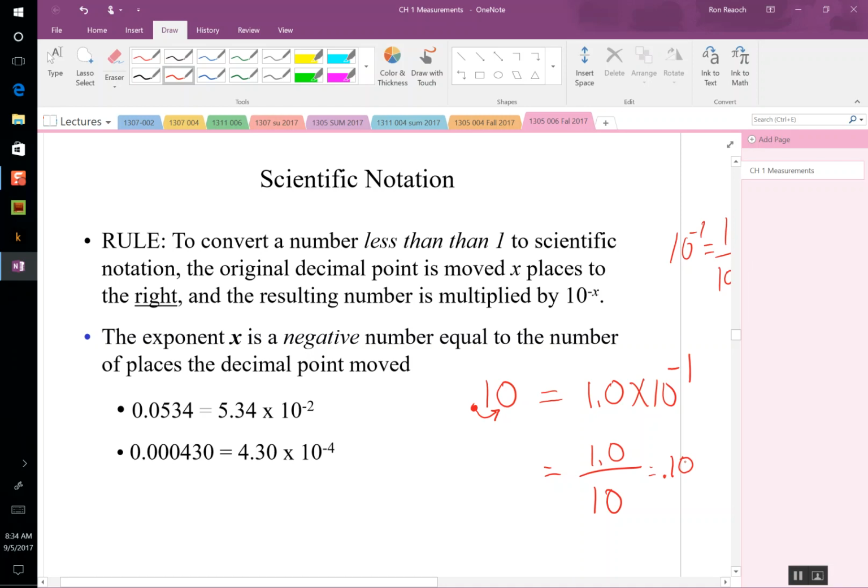So for every place you move it to the right, you have to put a negative exponent of that number of places. So for 0.000430, we're making a number between 1 and 10. 1, 2, 3, 4. So we get 4.30 times 10 to the minus fourth. Now we're going to keep that 0 because that's a significant 0 right there.